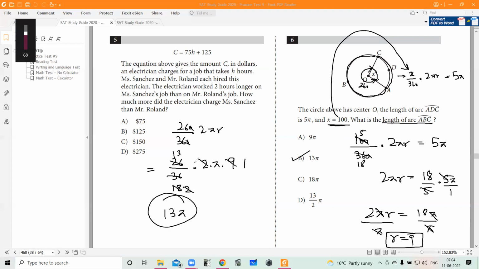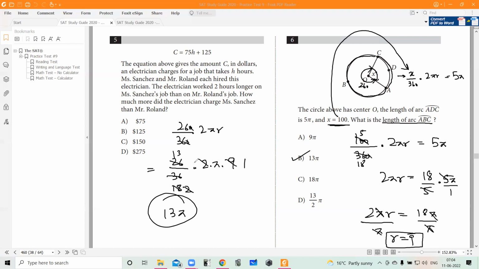And then we divided by 5. And then we divided by pi, so all the pi's would cancel out. And then we divided the 18 by 2 to get 9. And then we substituted the 9 into the formula to solve the other section of the arc.